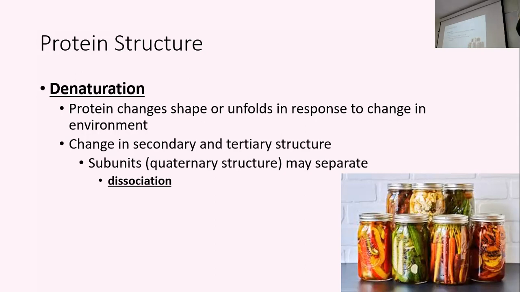And if those multiple polypeptides become unstuck, right, they've dissociated, right? The pieces of the functional protein have come apart, right? So just kind of differentiate those two ideas. So denaturation is just kind of a loosening of the secondary and tertiary structure, right? But if we actually start pulling the subunits apart at quaternary structure, that's dissociation.